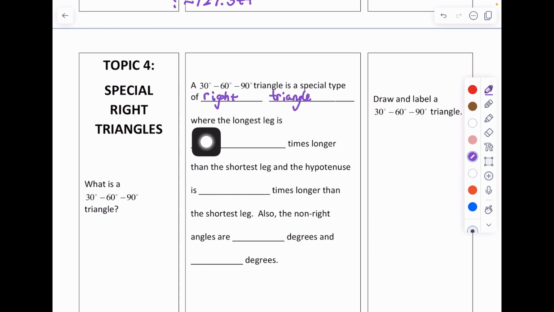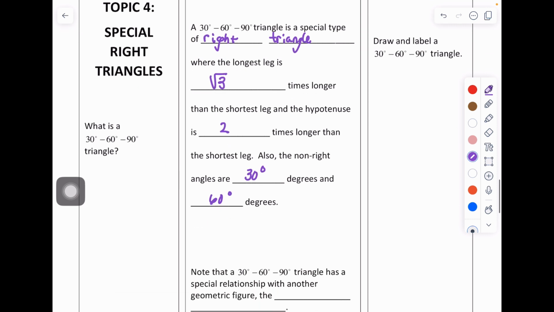So the longest leg or longest side, that's not the hypotenuse. So leg means not hypotenuse. The longest leg is the square root of 3 times longer than the shortest leg. And the hypotenuse is twice as long as the shortest leg. And then the angles, again, they're 30 and 60.